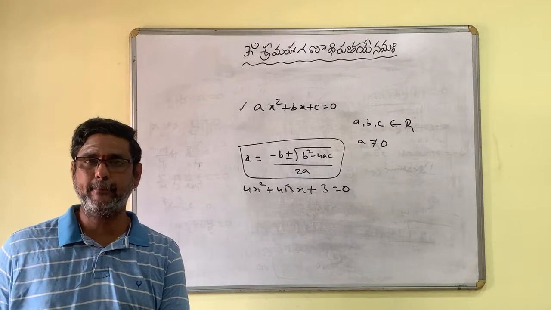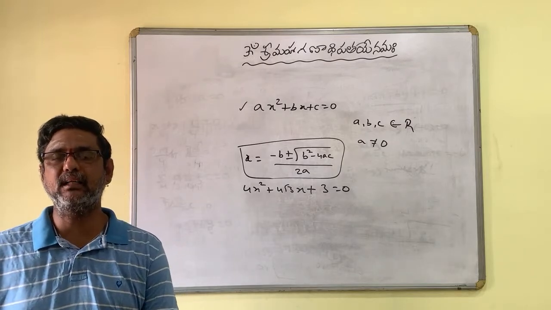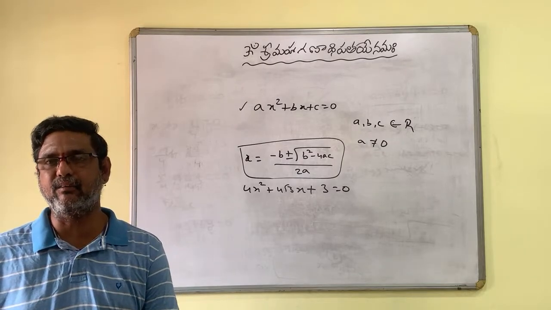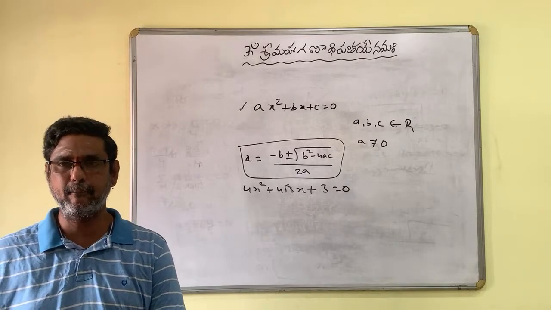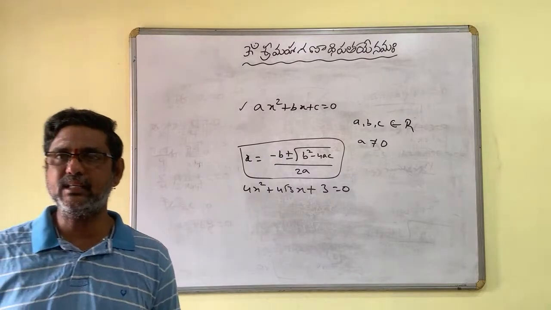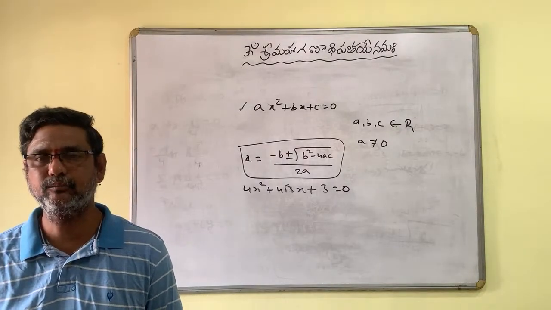See this equation. Now compare the general form of the equation and the given equation. What is a, what is b, what is c, children?